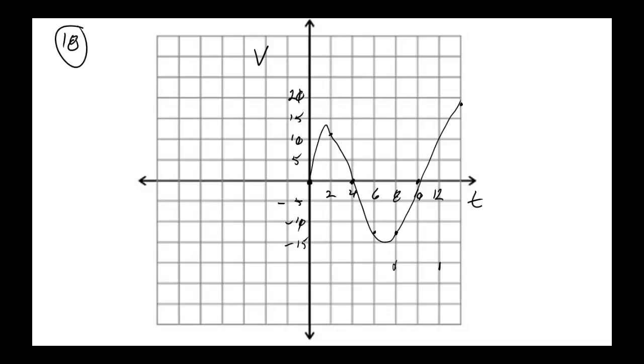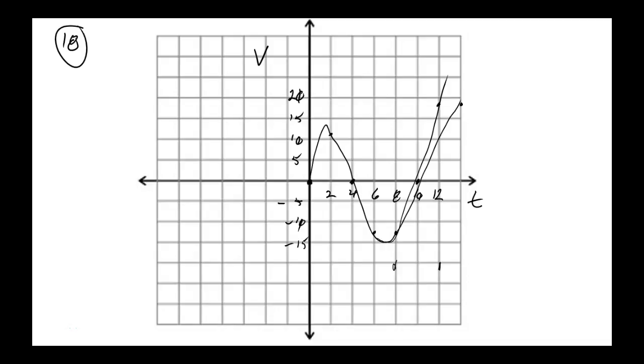It's moving to the left from 8 to 10 and to the right from 10 to 12. I put this in the wrong place. It didn't quite get down to minus 15, so my drawing's not quite right.